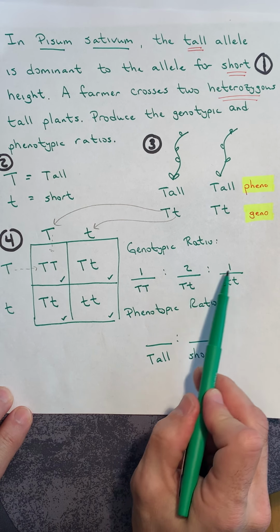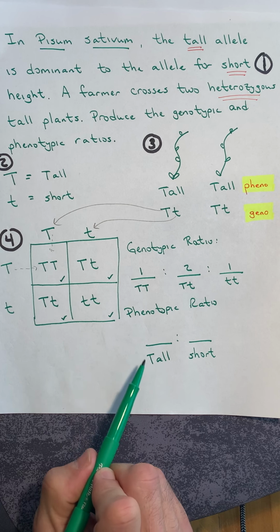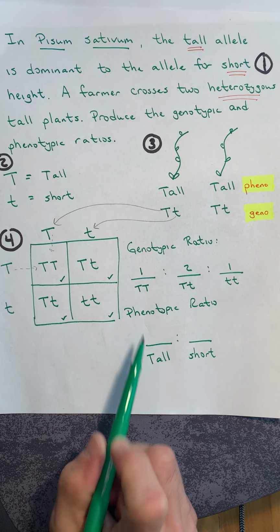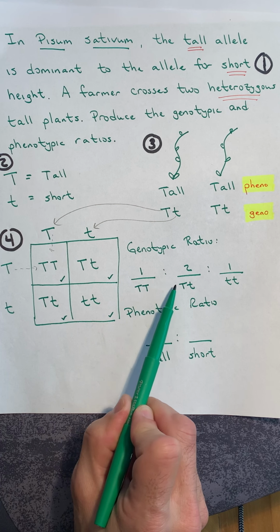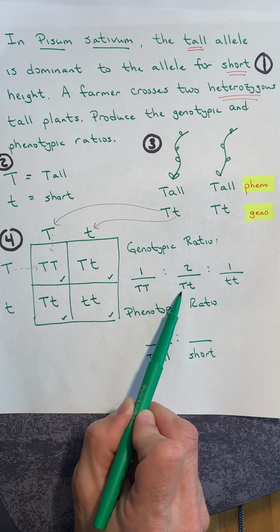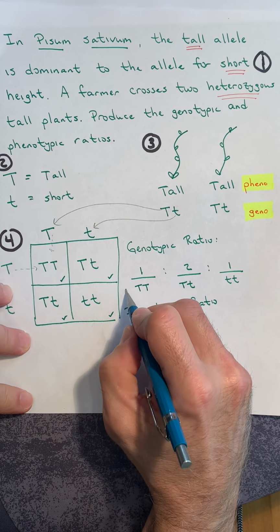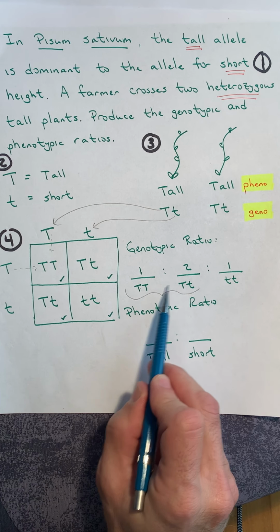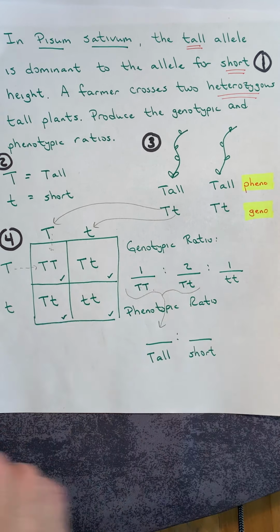Well, out of these 4 choices, how many individuals are tall? Well, any individual that carries and expresses the big T allele, the dominant tall, will be tall. So these individuals are tall. These individuals are also tall because they carry the big T. So both of these, even though they have a different genotype, even though genetically they are different, they have the same phenotype.